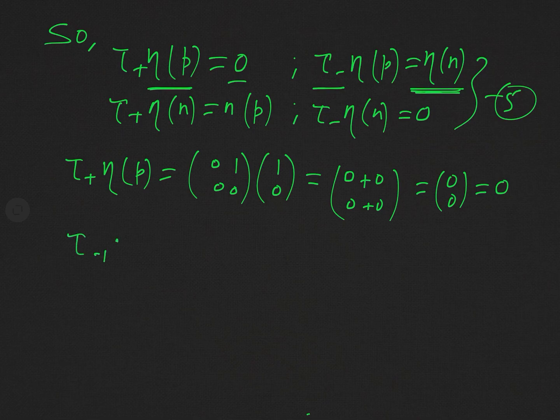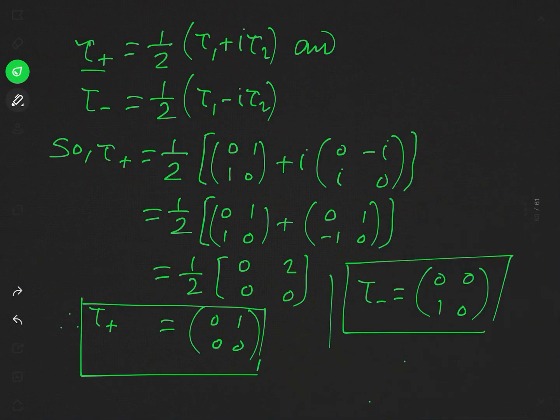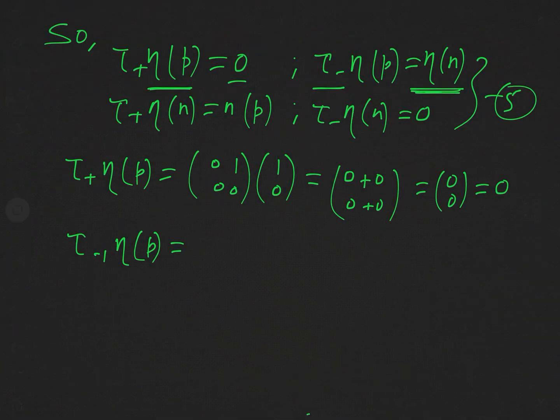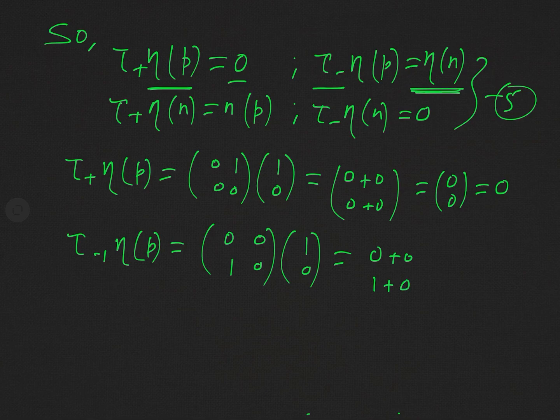Let us take tau minus eta p. What will this be? Tau minus, as you have seen here, is the matrix 0 0 1 0, and eta p is 1 0. Multiply it. This is 0 times 1, that is 0, plus 0 times 0, that is 0; 1 times 1, that is 1, and 0 times 0, that is 0.